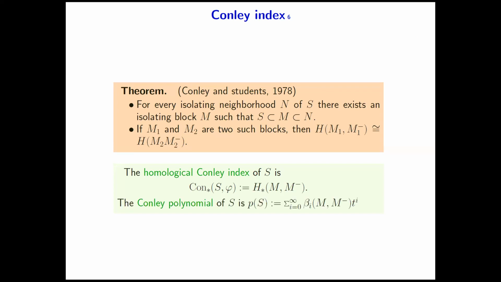In fact, here I'll just show the Conley index in examples in the form of the Conley polynomial. You just take all the Betti numbers of this relative homology and make its formal power series. So this is the minimum information you get from the Conley index, these Betti numbers.